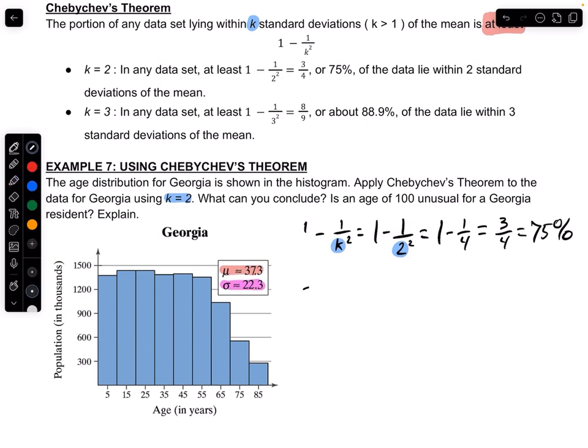We're going to take our mean and subtract 2 standard deviations from that, because the question asks us to apply Chebychev's theorem using a k of 2. If we do the math here and subtract this out, we get negative 7.3. Obviously, we can't have an age of negative 7, so we're just going to say that the minimum is 0. It wouldn't go below 0 for ages.